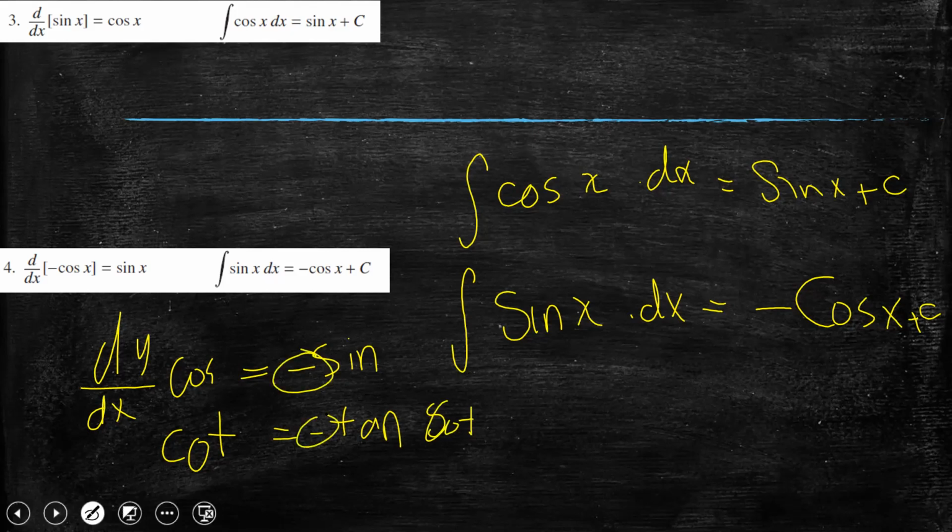But for integration, no, the integration of anything starting with letter C will be positive, and the other will be negative. So the integration of cosine is sine, and the integration of sine is negative cosine. This is for sine and cosine.